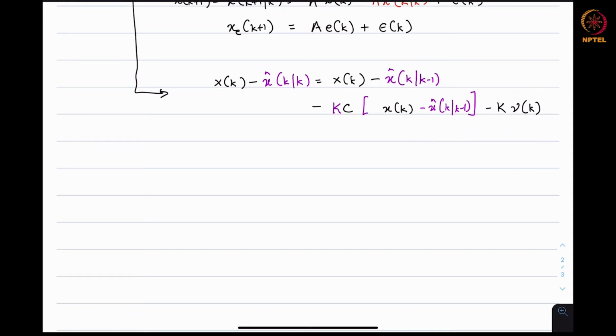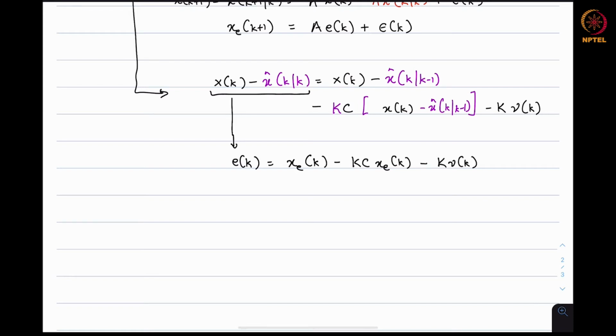Okay, so this part is just going to be e k equal to xe k minus K c multiplied by xe k minus K times nu k, which is going to be equal to I minus K c.